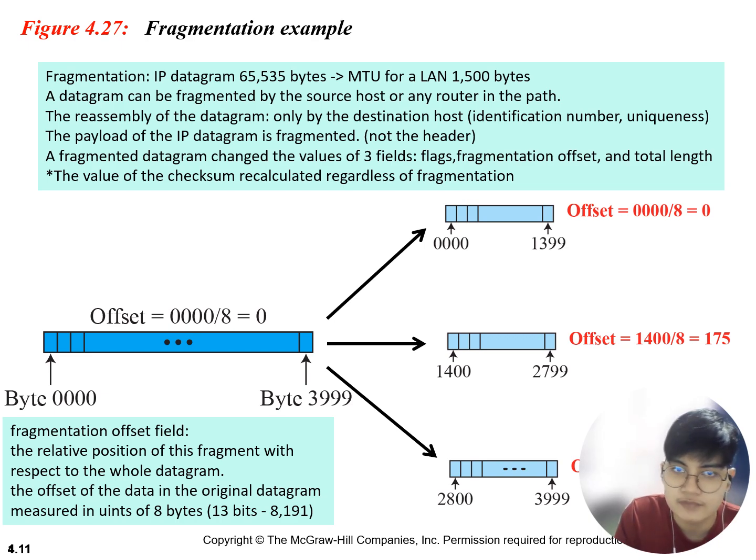About fragmentation: fragmented datagrams change three values, the flags field, the fragmentation offset, and the total length. The value of the checksum is recalculated regardless of the fragmentation.